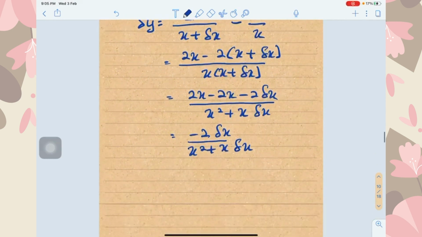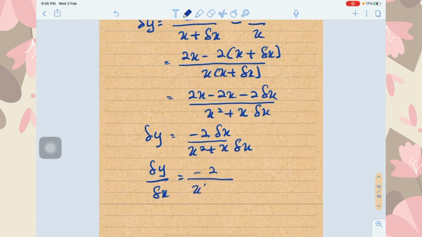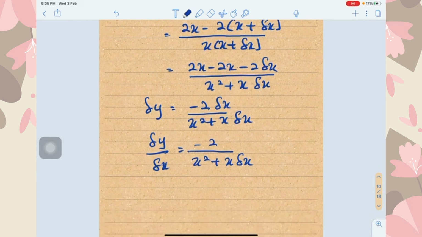Divide, this one is delta y. So delta y over delta x equals negative 2 over x squared plus x delta x. Find the limit when delta x approaches 0.